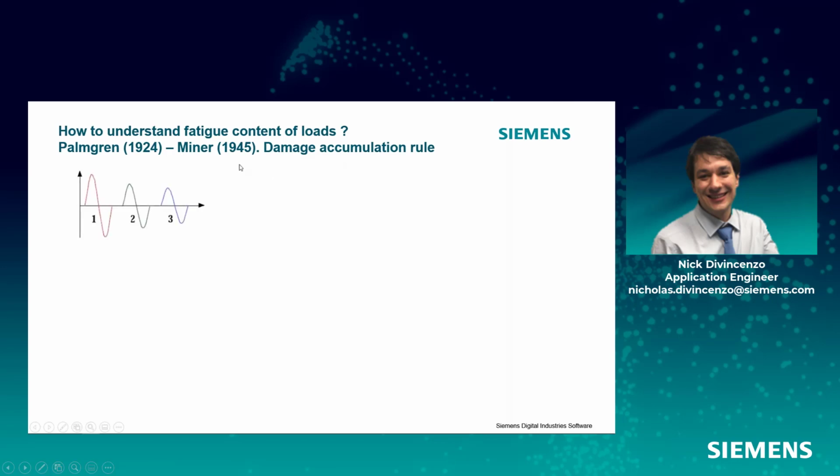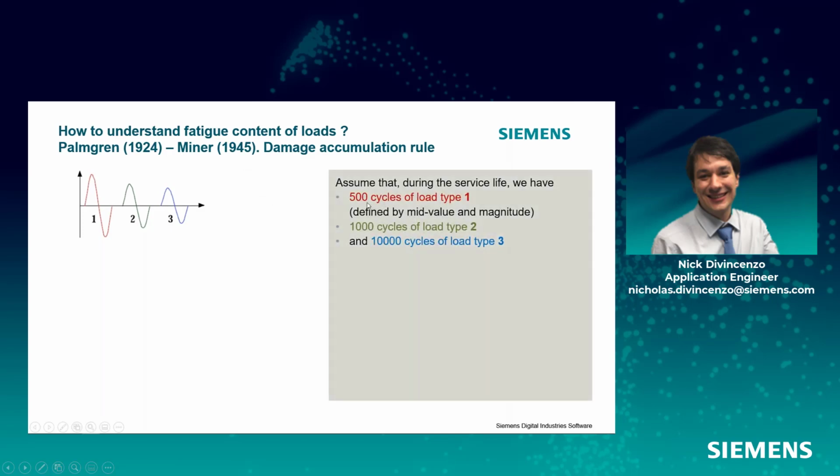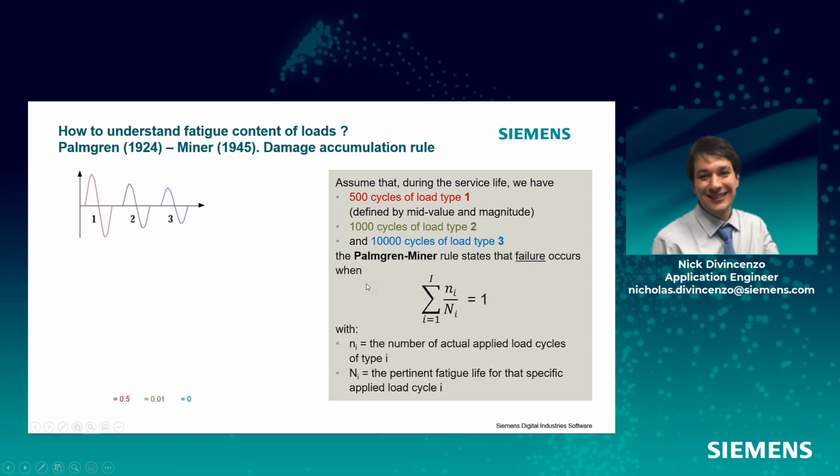This is a linear damage accumulation model, which basically states that if I have 500 cycles of load type 1, designated in red here, 1,000 cycles of load type 2, designated in green here, and 10,000 cycles of load type 3, designated in blue, I can accumulate damage by summing the number of cycles I have at a particular interval and dividing that by the number of cycles to failure on my SN curve at that particular load level.